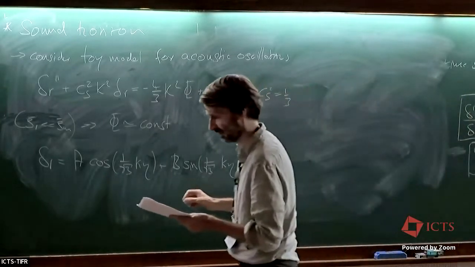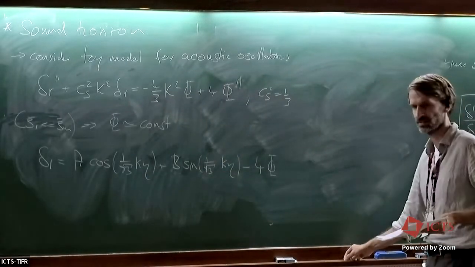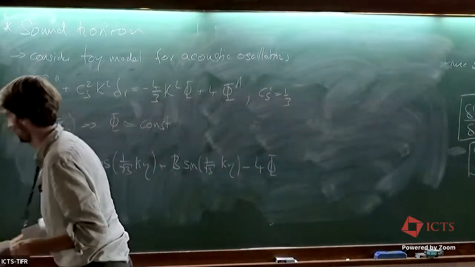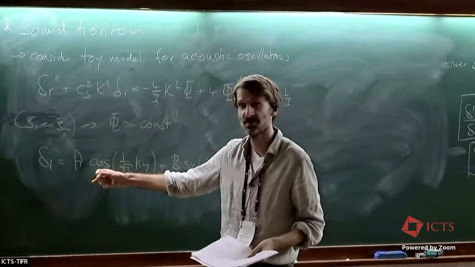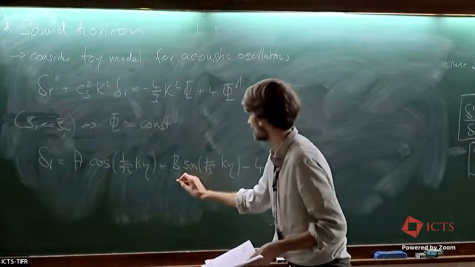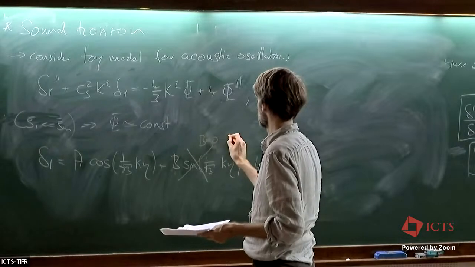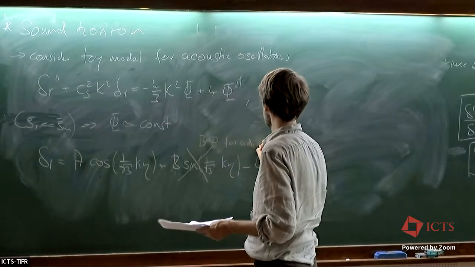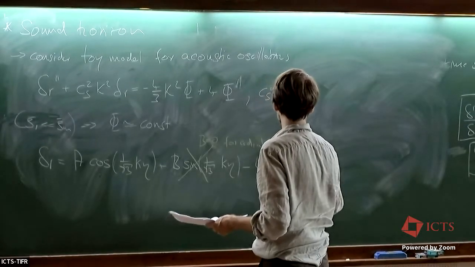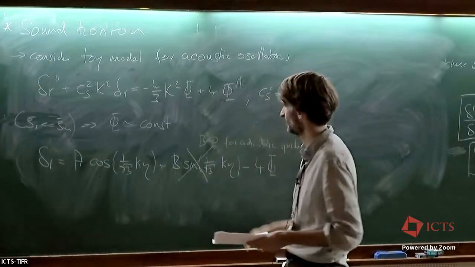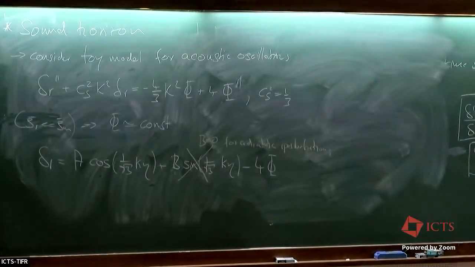But now one important thing is adiabatic initial conditions. I'm not going to derive that, but this is one of the important results in cosmology, and it was mentioned in the CMB lecture already today that the photon perturbations are only cosine perturbations. So B is 0 for adiabatic perturbations. And this is exactly what you find if you take these initial conditions I showed you before and use them to fix this solution at superhorizon scales.